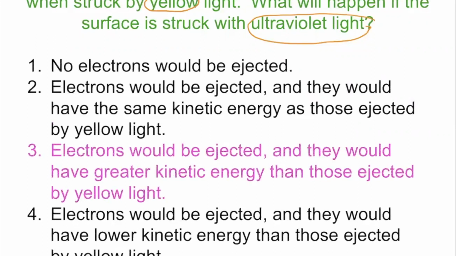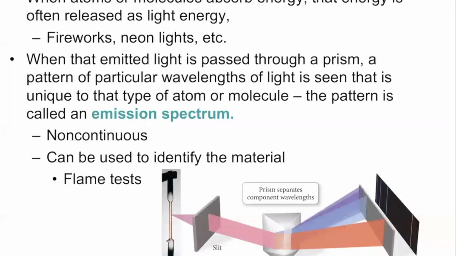Okay, let's move on to a different topic, which is going to be spectra. So, another observation about the atom was atomic spectroscopy, which is the study of how electron radiation is absorbed and emitted.